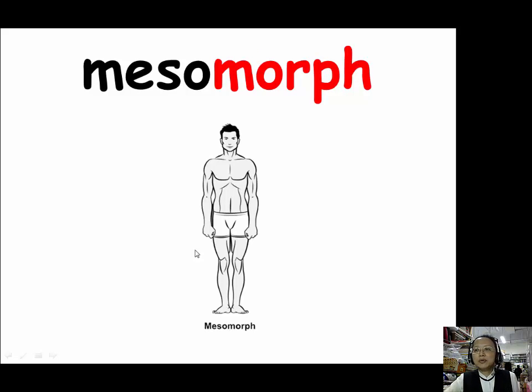Our second example, for the suffix morph, is mesomorph. What is a mesomorph? A mesomorph is a person with pronounced muscular development and low body fat.